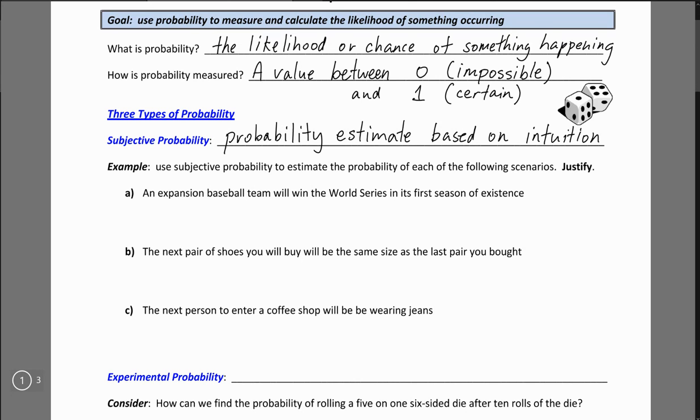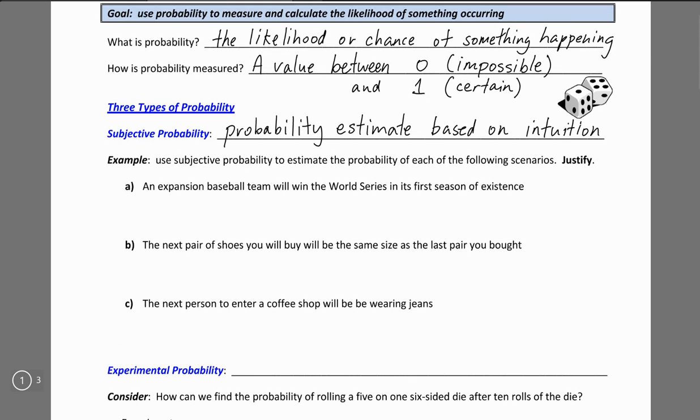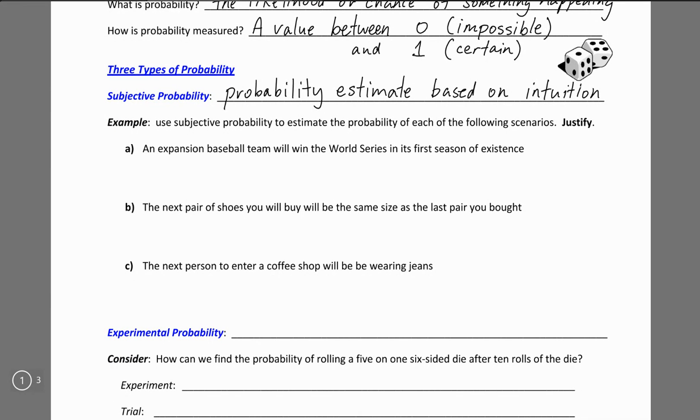Use subjective probability to estimate the probability of each of the following scenarios. If we look at the first scenario, A, an expansion baseball team will win the World Series in its first season of existence. Okay, so what's the likelihood of that happening? Well, I think it's very unlikely because it's a new team.